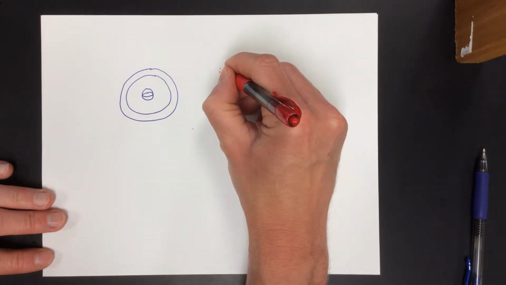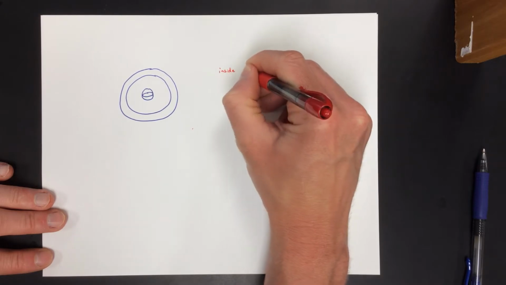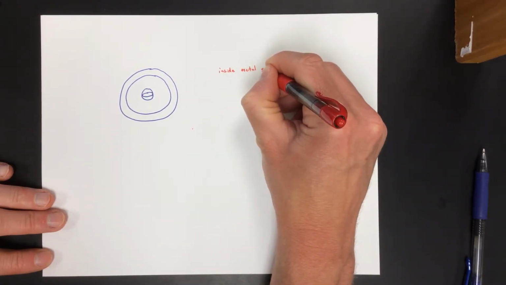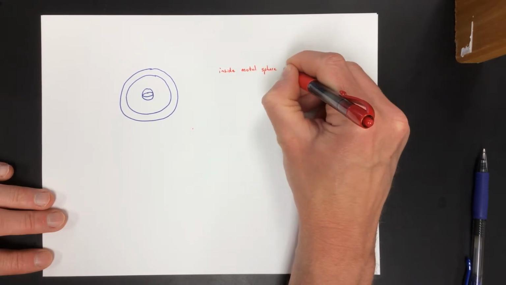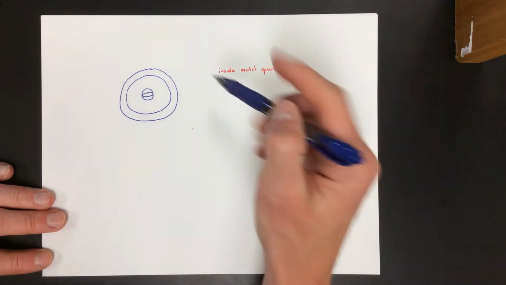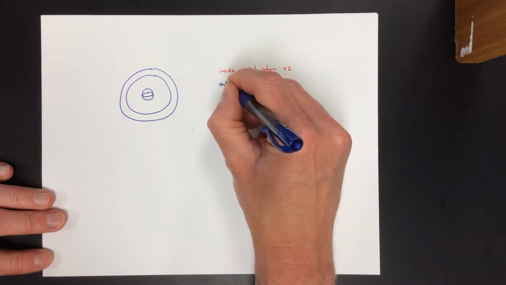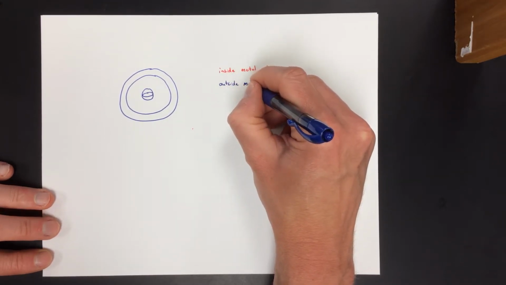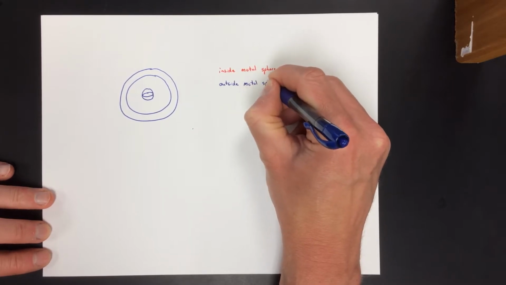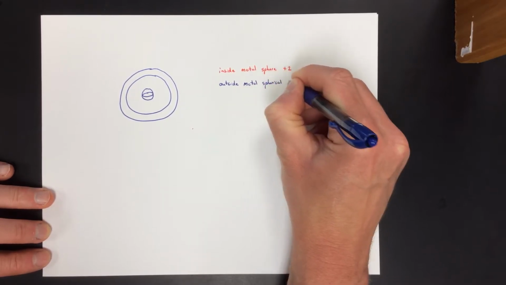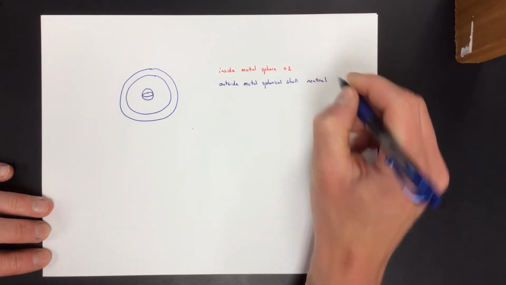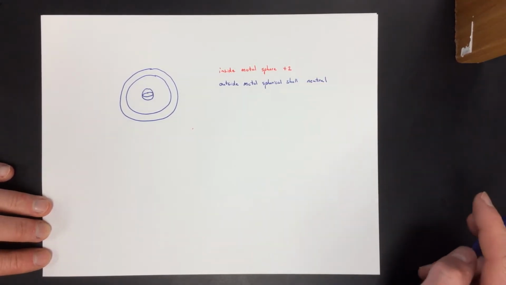So the inside metal sphere, let's say it's got a +2 charge. The outside metal spherical shell is neutral, and then we want to know the E field in all these different spots.